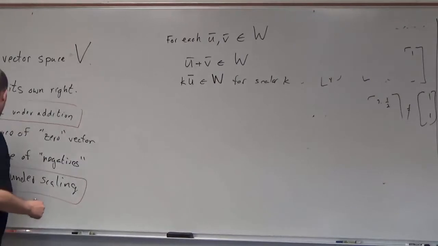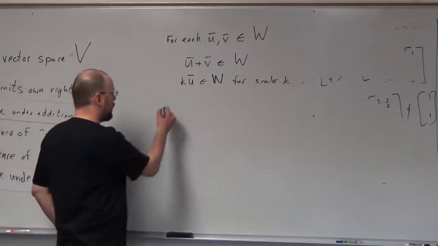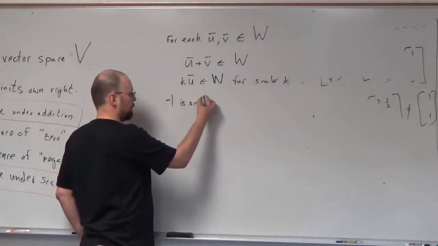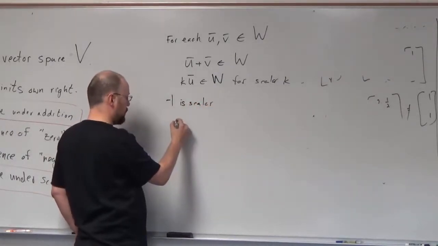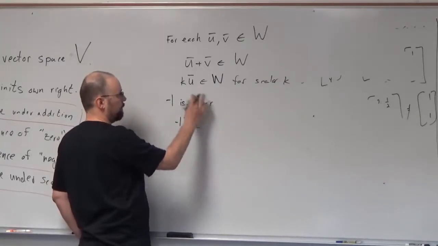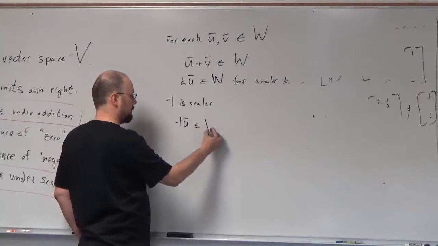So how does this show that, let's say, the 0 vector exists? Well, -1 is a scalar, right? So -1 times u by closure under scaling is in our set.